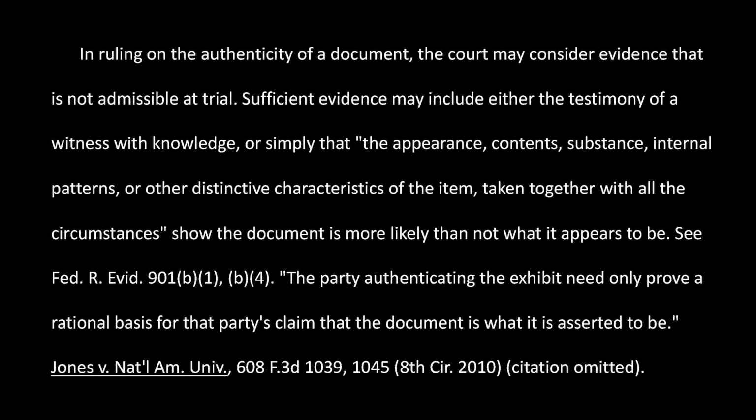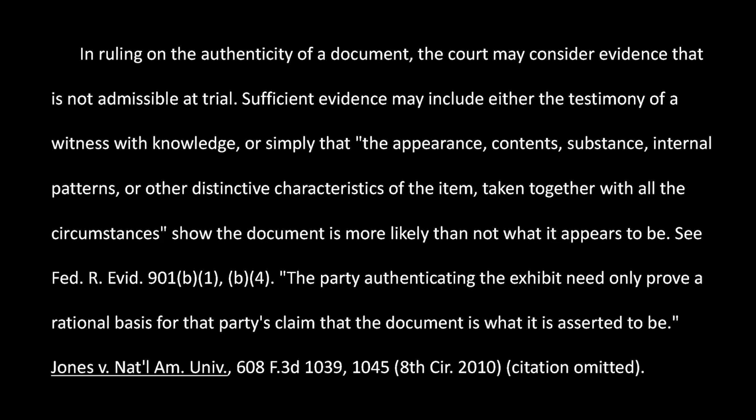In ruling on the authenticity of a document, the court may consider evidence that is not admissible at trial. Sufficient evidence may include either the testimony of a witness with knowledge, or simply that the appearance, contents, substance, internal patterns, or other distinctive characteristics of the item, taken together with all the circumstances, show the document is more likely than not what it appears to be.